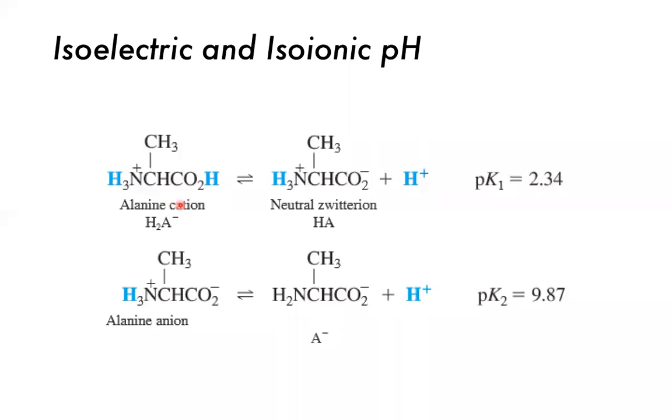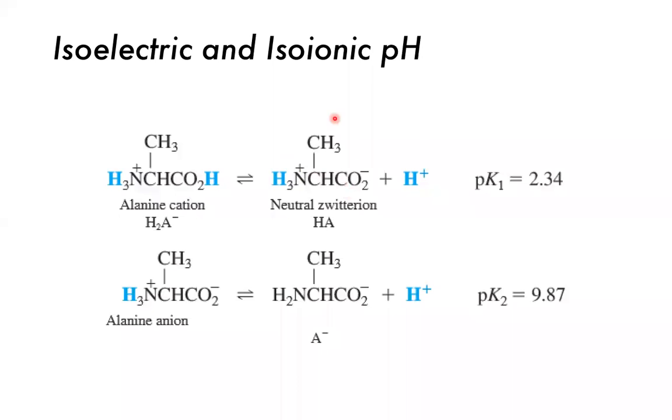For example, our amino acids, which we've talked about quite a lot, where we have an equilibrium which goes the whole way from the fully protonated form, like this alanine cation, where both the carboxyl and also the amino groups have been fully protonated, and that's in equilibrium with the neutral zwitterion, which contains both a negative charge and a positive charge on the same molecule.